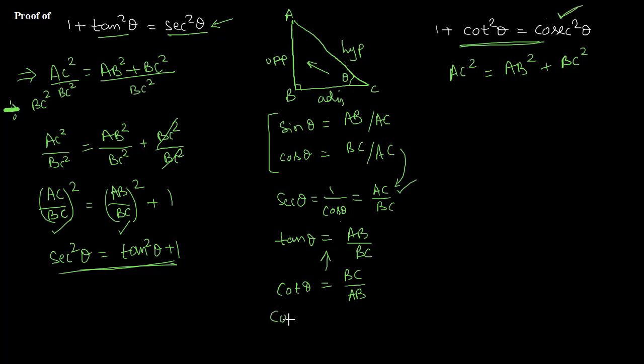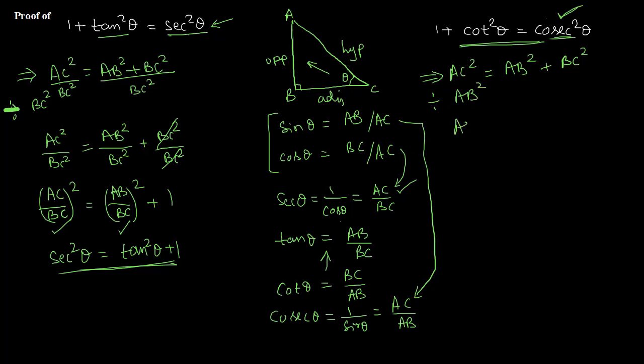Cosecant theta is the reciprocal of sin theta, which in this scenario is AC by AB. That is that one, AC by AB, just the reciprocal of sin theta. So now looking at this cosecant square theta, that means this has to be AC square by AB square, but here I have AC square, so I need to divide the whole equation by AB square.